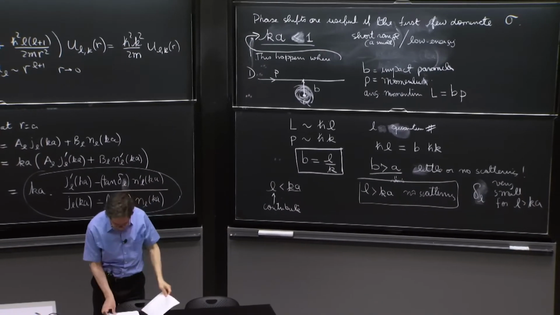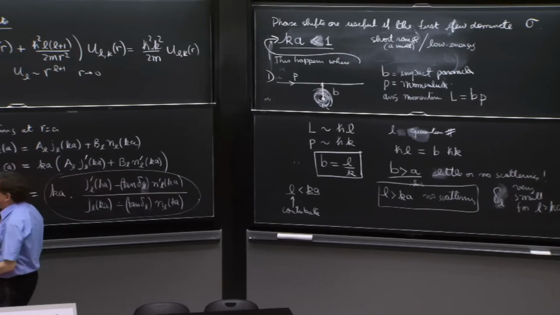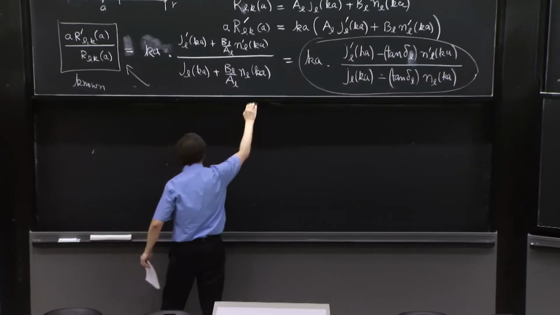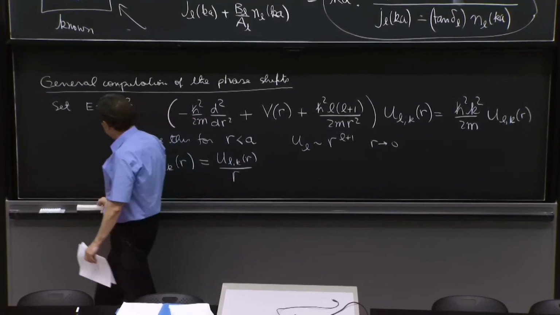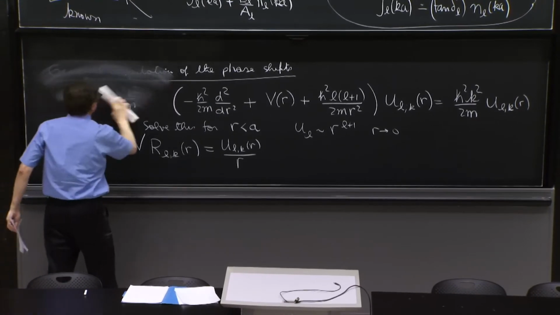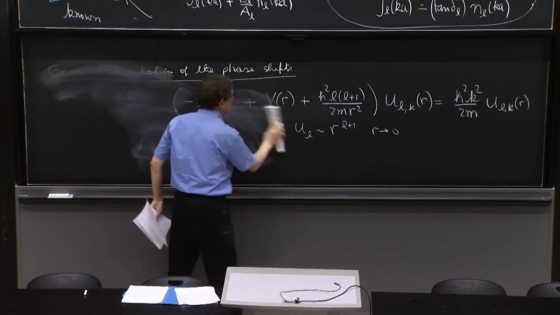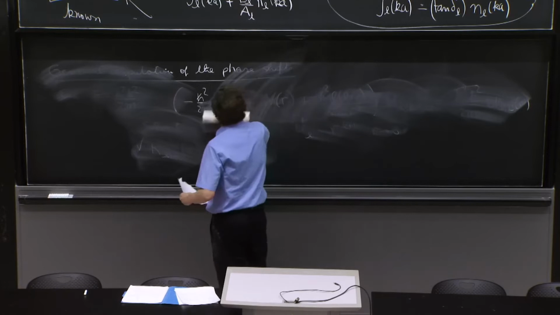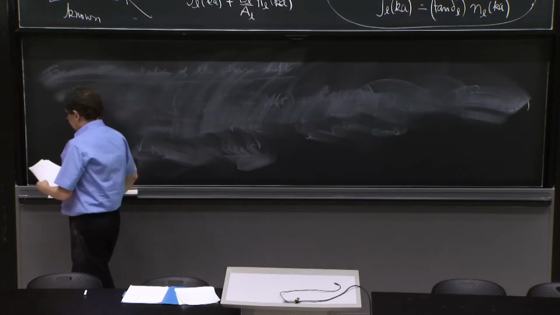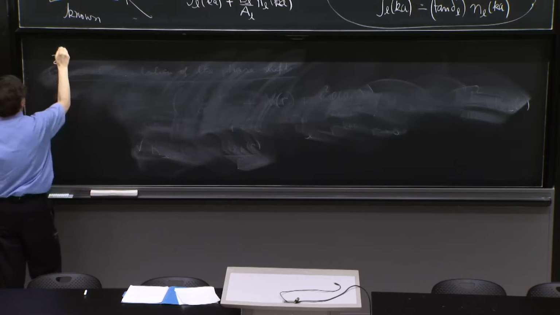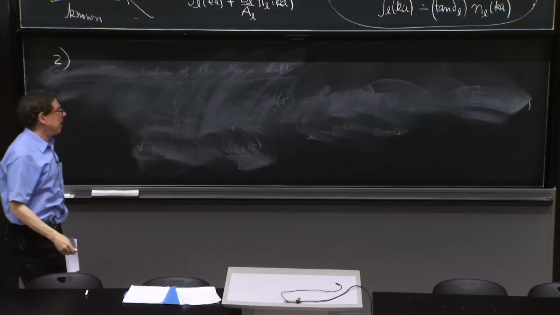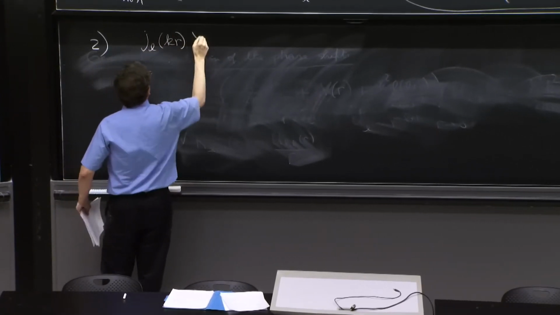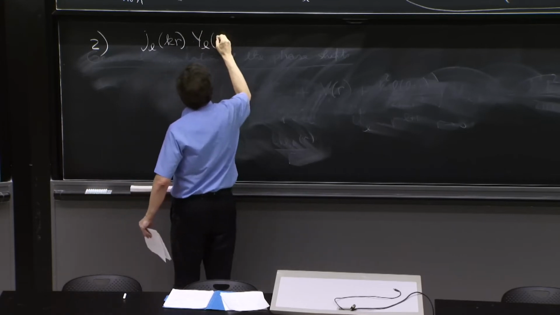Second piece of intuition comes from the solutions that we have of the radial equation. So it's kind of interesting, actually. Let's look at our partial waves directly. So second intuition for this fact, think of your solution j_L(kr) Y_L(theta).